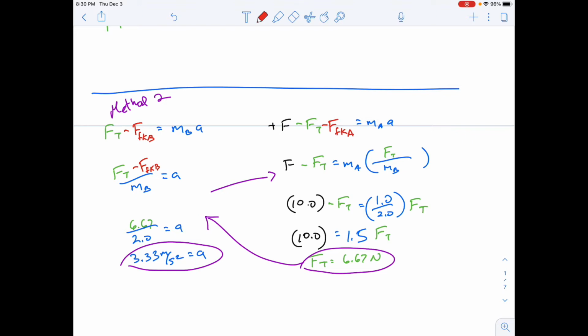And that would change the look of this. And then it starts to get messy, doesn't it? Because you'd have to plug in that information.